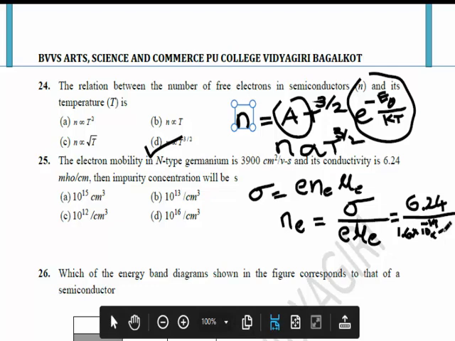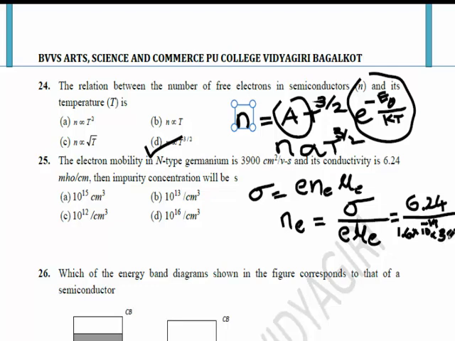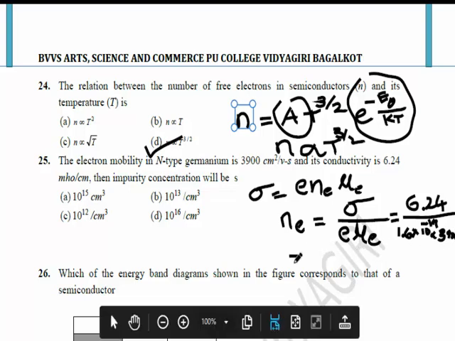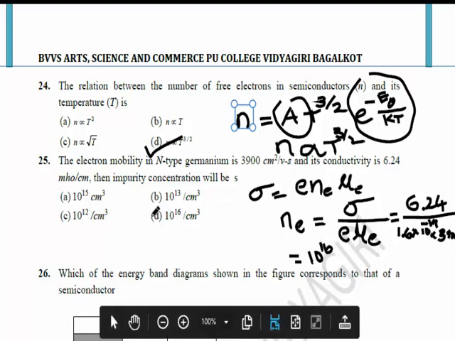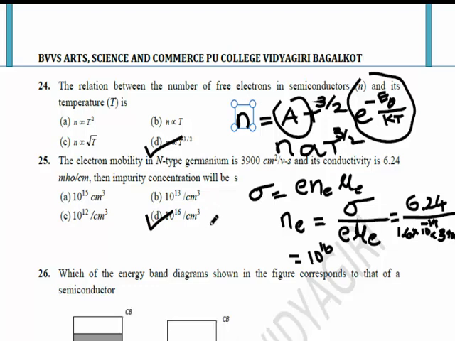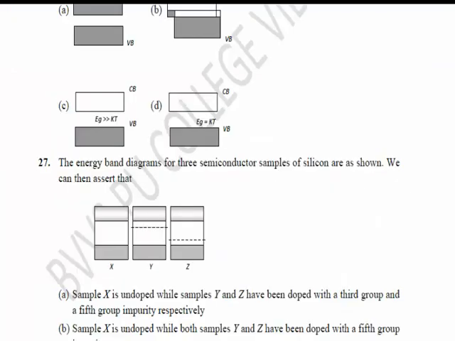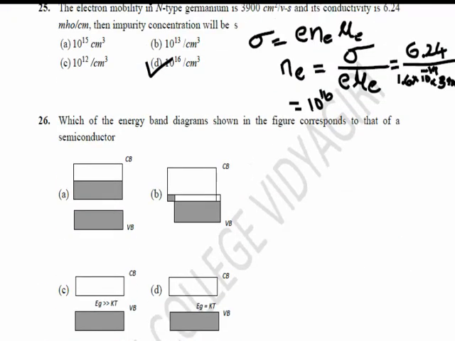It is the mobility, 3900. After doing the calculations, you will get the answer as 10 raised to 16 per centimeter cube. So option is D. So 25th question answer is D. Okay. So next we move for the next question.